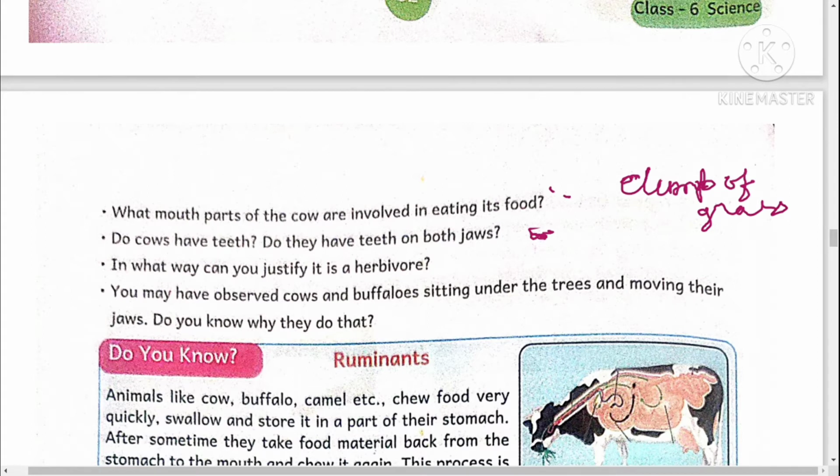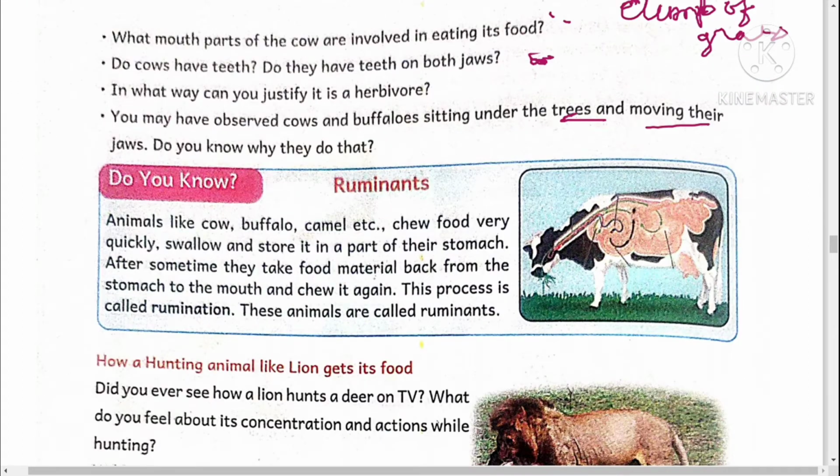You may observe cows and buffaloes sitting under the trees and moving their jaws. Do you know why they do that? See, here the answer is given in the textbook. Animals like cow, buffalo, camel chew their food very quickly, swallow and store it in a part of the stomach.